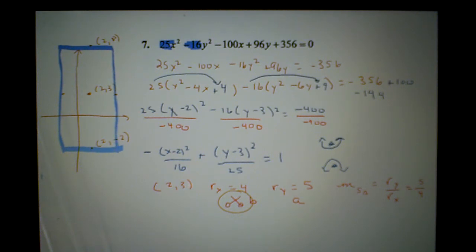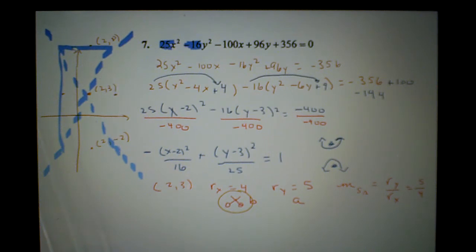And I'm going to draw my slant asymptotes through the center and through the diagonals of this rectangle. And then again, not required to get rid of this, but if you're doing this for somebody besides me, you should.